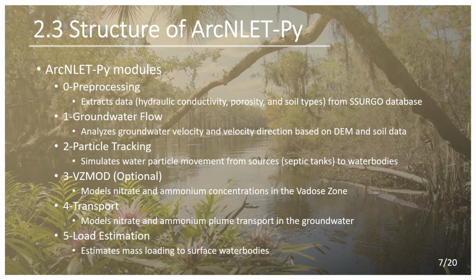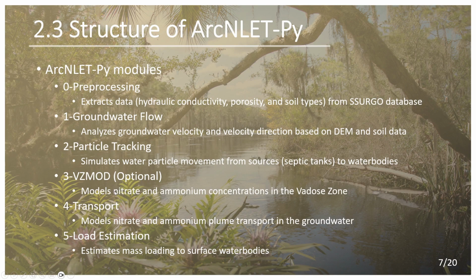There are 6 modules in ArcNLET-Py, and the first one is a pre-processing module. This module is used to extract data from the online SoilDB database, and then the groundwater flow module is used to simulate groundwater velocity and velocity direction based on DEM and soil data. Then the particle tracking module is used to simulate water particle movement from sources to water bodies, and the sources means septic tanks here.